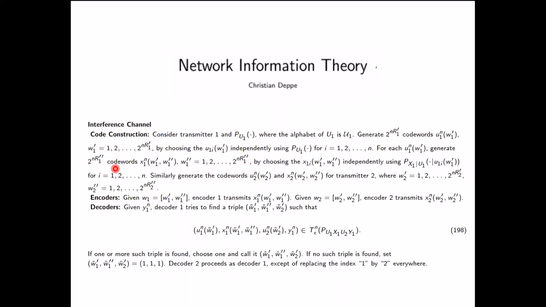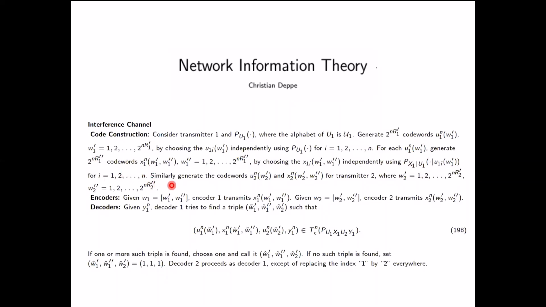You see, these are again now the satellites of this cloud center here. And by choosing this X1i independently again using P(X1|U1), so that's a channel from U1 to X1 somehow, for i equal 1 to n.